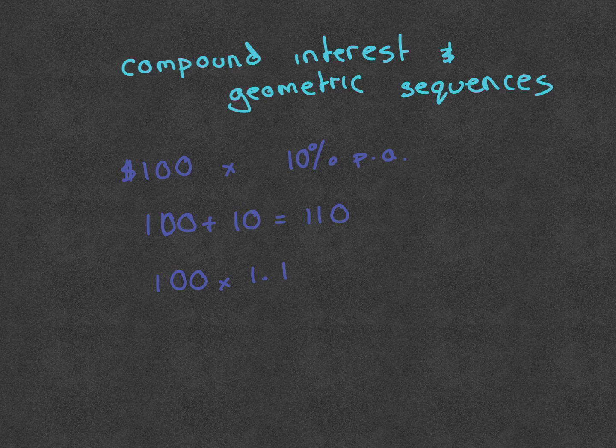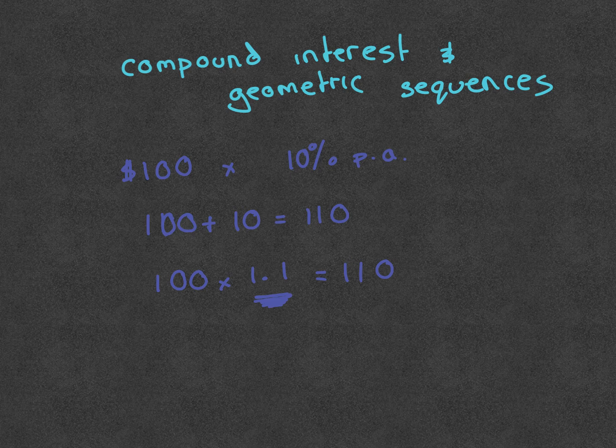So we're multiplying our 100 by 1.1, which gives us our 110. So the 1.1 is our common ratio. That's the difference between the initial value and what you'll have at the end of each year. So similarly as what we saw for geometric sequences, we can also use the same equation to relate to our compound interest.